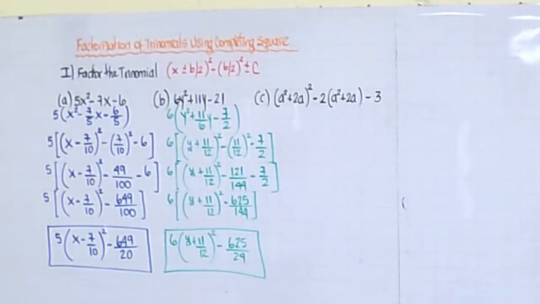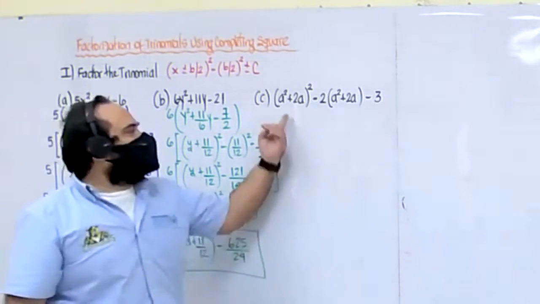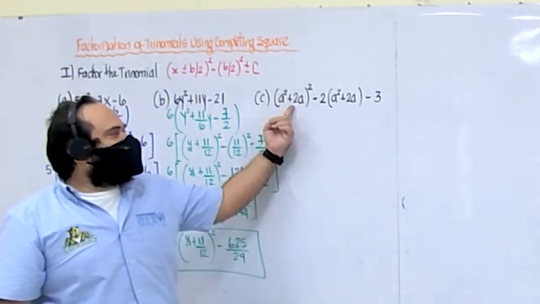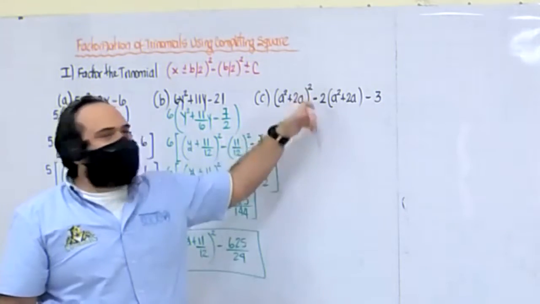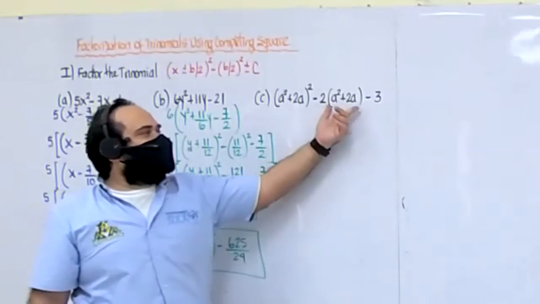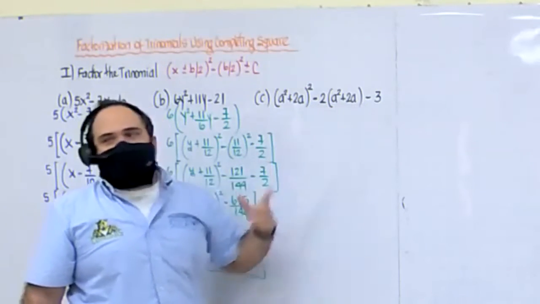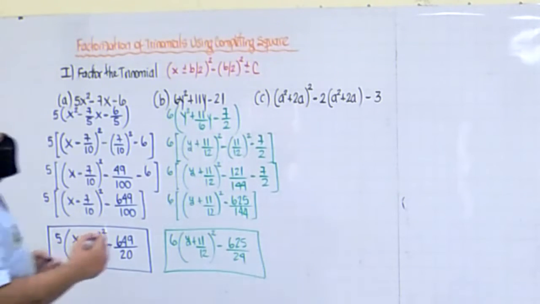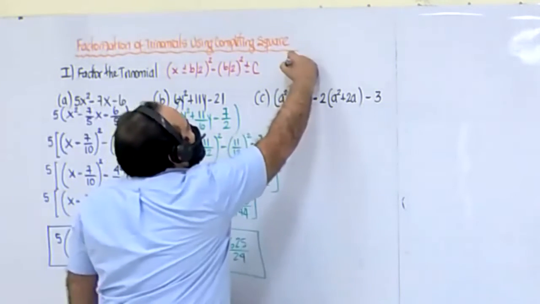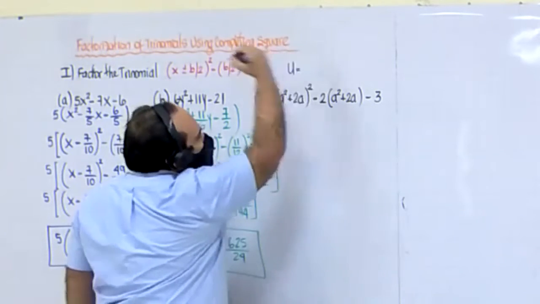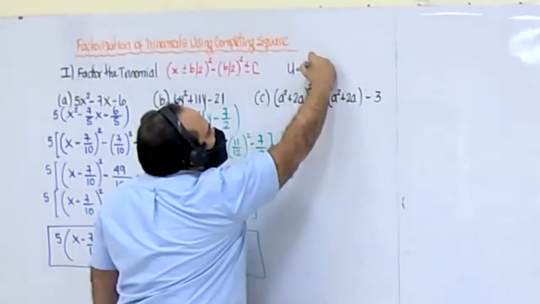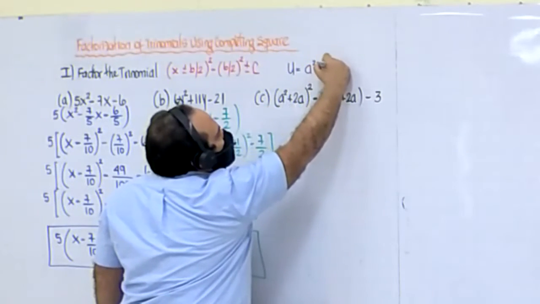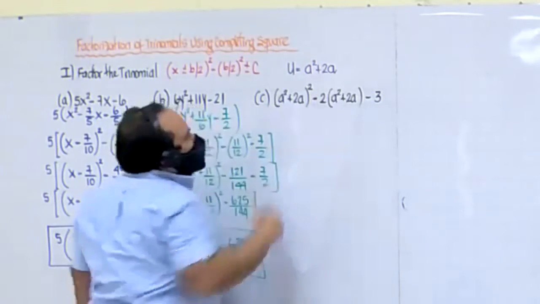But in the easy way, as you can see inside the parentheses, we have the expression a squared plus 2a, a square variable and a linear variable. We can change that complicated expression to another variable. For example, we can say u equals a squared plus 2a.